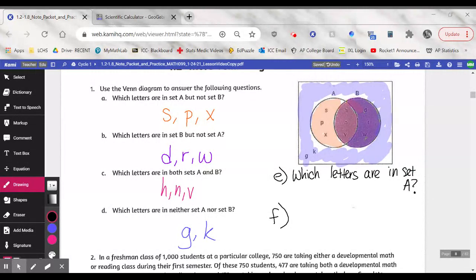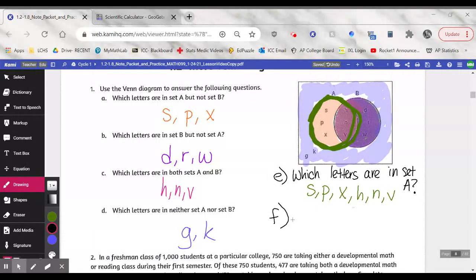So we want to list any of the letters that are in set A. So what you want to do is make sure that you include any that are within the actual circle drawn. So that would be S, P, X, H, N, and V.